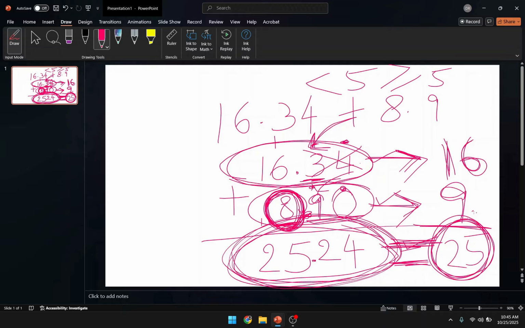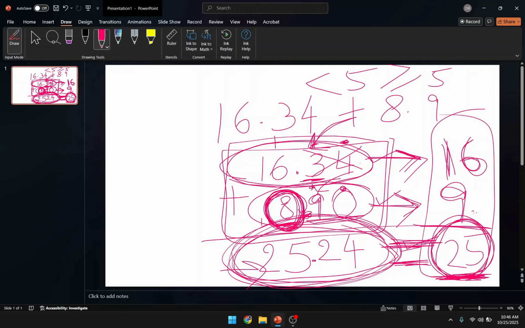So it's always important that when you add or subtract decimals, compare your sum or the difference with your estimate. That way you're not committing mistakes. Now you don't have to do this all the time, estimating and comparing. This is only for your reassurance that you are doing it right. Sometimes in the question, if they ask you to tell how reasonable your estimate is, then you have to do all this.